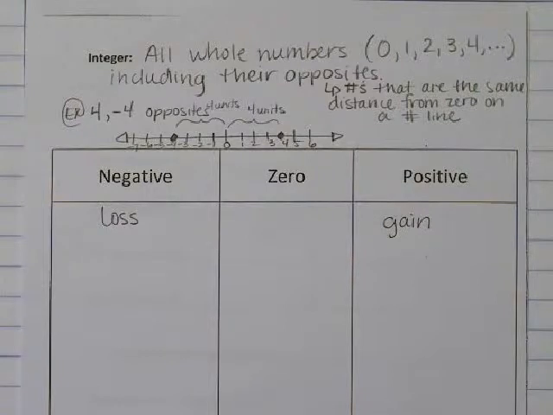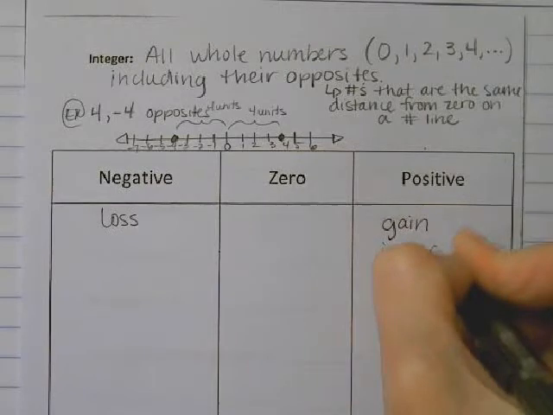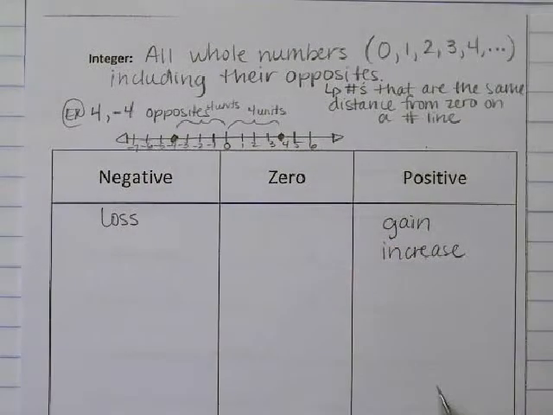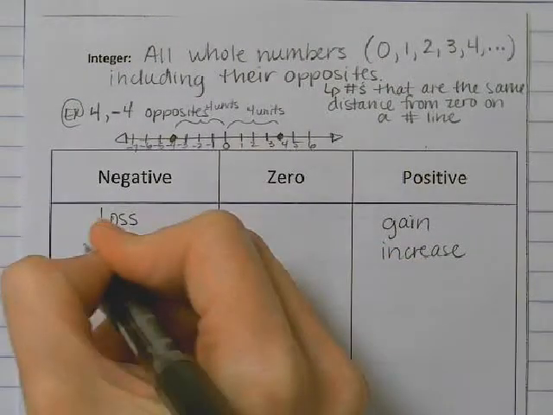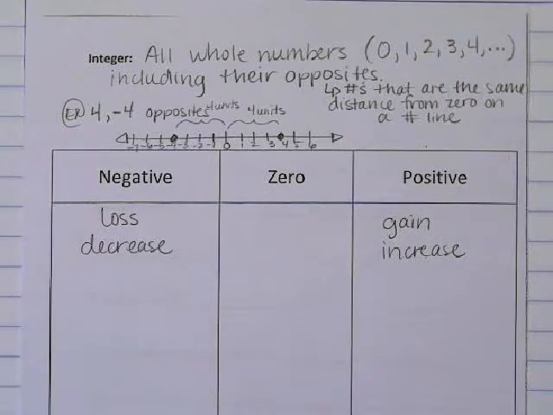You might also see this in terms of money, also with a gain and loss, like in stocks and so forth. We use these terms to represent that positive and negative direction. You might even see something like hearing about an increase. That would represent that positive direction, and therefore decrease would be represented for the negative direction.